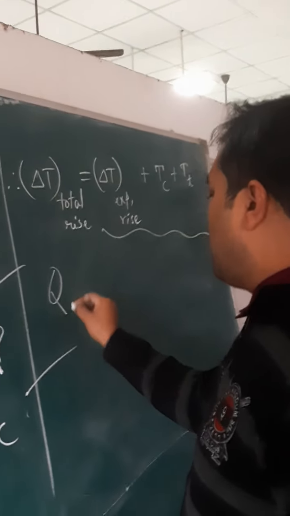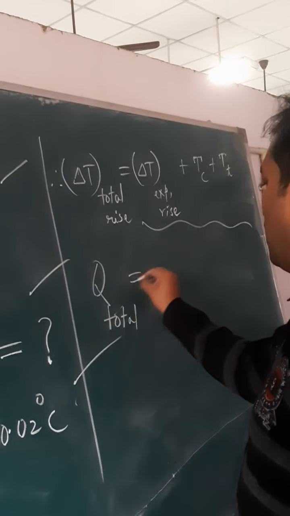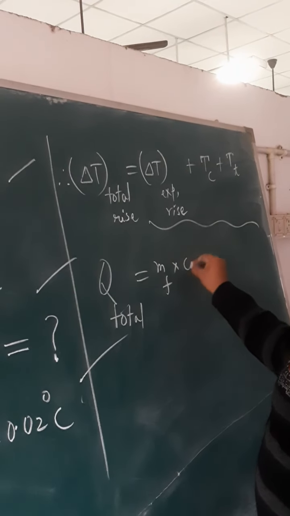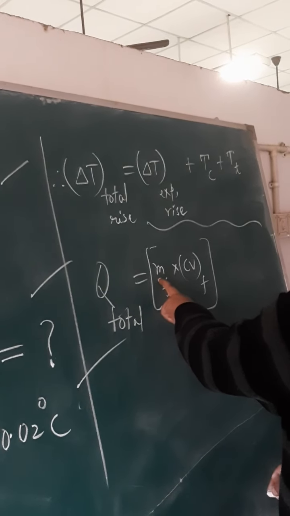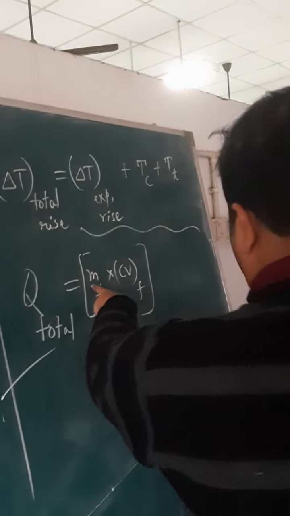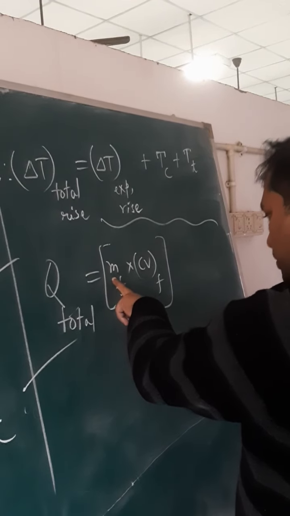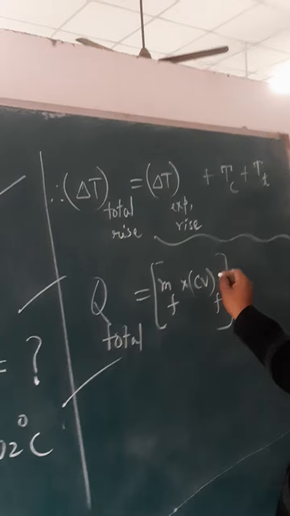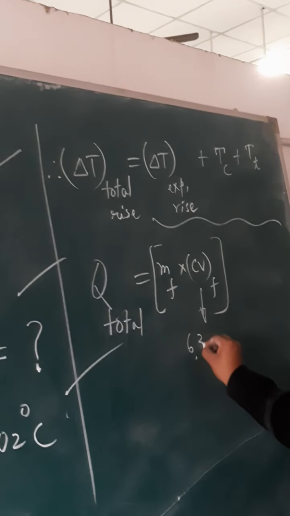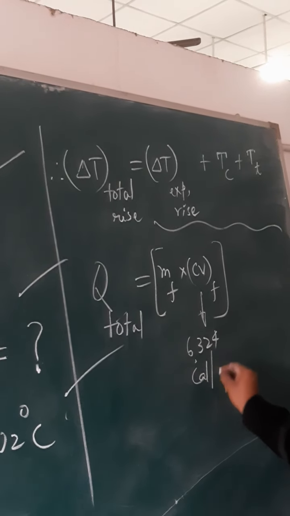Then what is the total Q? Total Q is the mass of fuel taken into Cv of the fuel taken. Both are known. We have measured the mass in the digital mass measuring device. Cv is already known for benzoic acid, which is 6324 calorie per gram. Already told you in the first and second experiment.